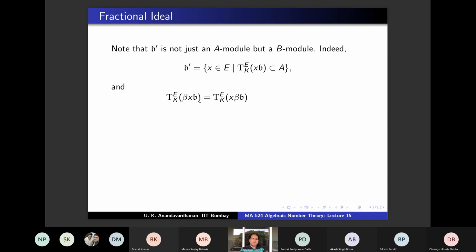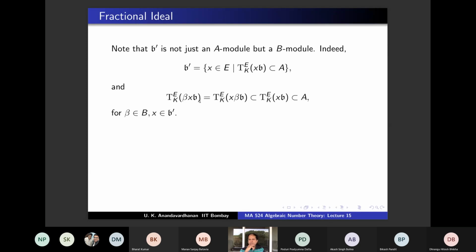So beta B is contained in B. So this is contained in trace of xB, but x is from B prime. So this is contained in A. So it's actually a B module. And it is finitely generated as an A module. Therefore, it's finitely generated as a B module also.